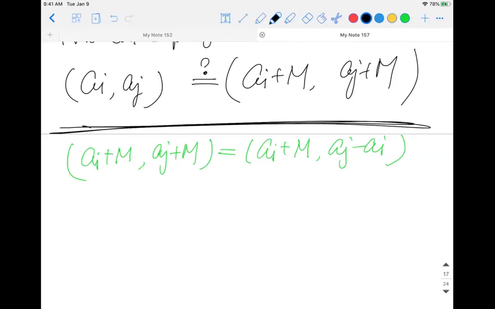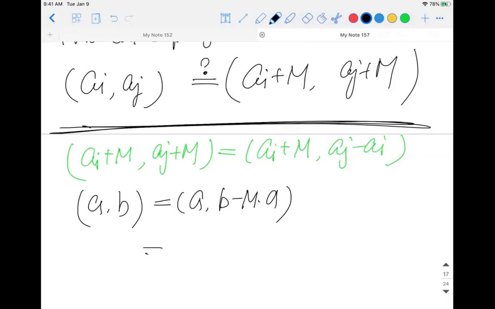Euclidean algorithm: the greatest common divisor of A, B must be the same as that of A and B minus MA, and also A minus MB and B. This is the Euclidean algorithm to find out the greatest common divisor of 2 numbers.